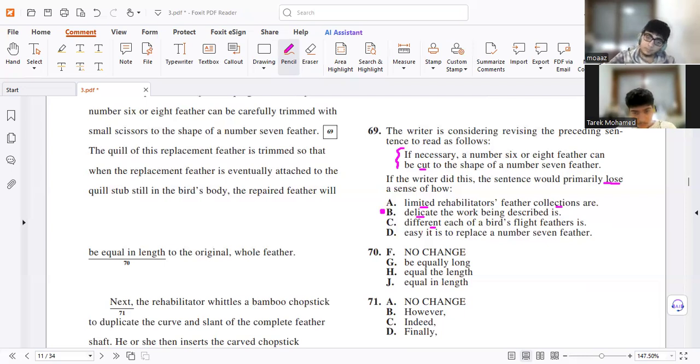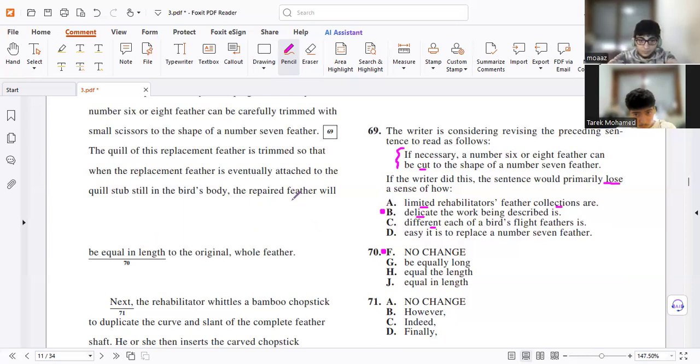J for 70. 70, it must be letter F. B, equal in length, right? I thought shorter is better because B has the same meaning as equal in length. No. Look, always test the structure.